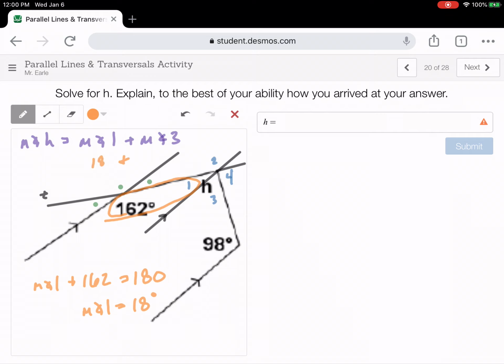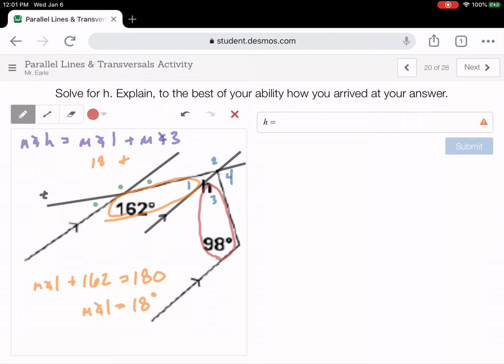Now I just have to do something similar and find the measure of angle 3. If we take a look over here at the two angles dealing with this 98-degree angle and angle 3, that's also going to be a pair of same side interior angles because I have two parallel lines cut by a transversal.